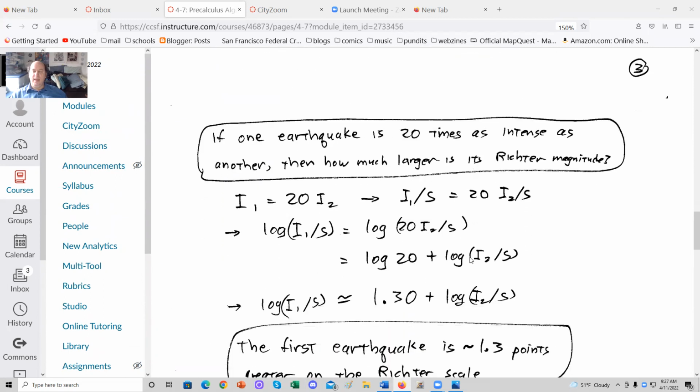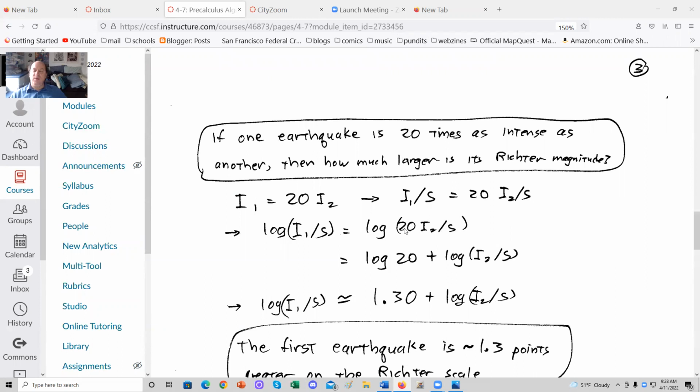All right. Now here they ask, if an earthquake is 20 times as intense as another, how much larger is its Richter magnitude? So let's say I1, intensity 1, is 20 I2. So I1 over S is 20 I2 over S. Take the logarithms, so they're equal.